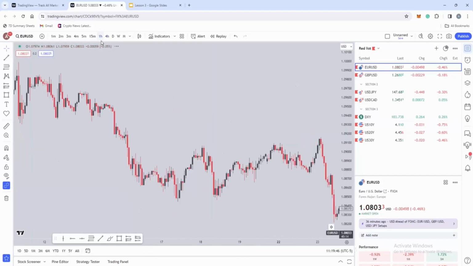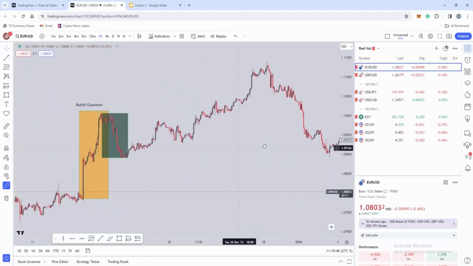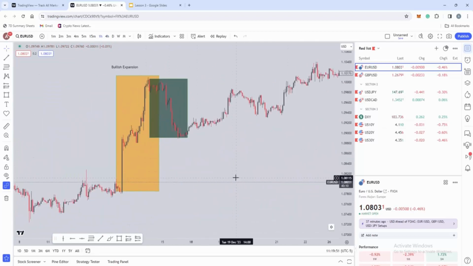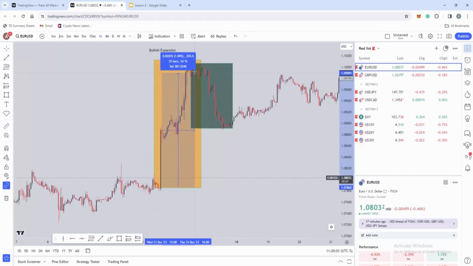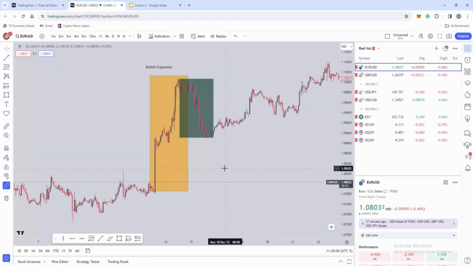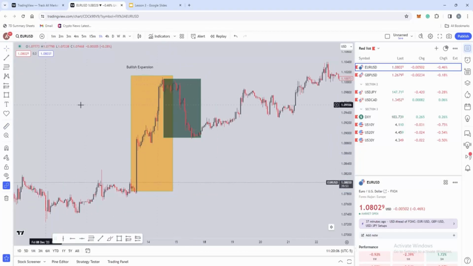Let's go down to the 1 hour. So what do we see here? What we see is price had this initial expansion all the way to the top here, and then price retraced at a certain point.